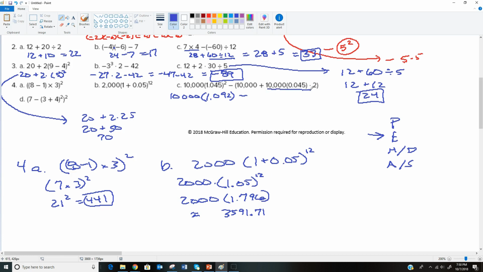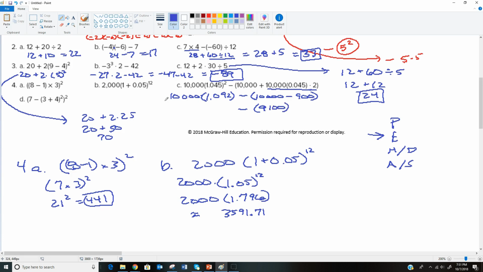That was just this bit. So I've got 10,000 minus 900. And now I want to do, again, the innermost parentheses. And then I'm going to multiply. But these don't affect each other, so I'm going to go ahead and do them all at once because this is my first step. This is my second step, but they don't affect each other. So the 10,000 minus 900 would give us 9,100.